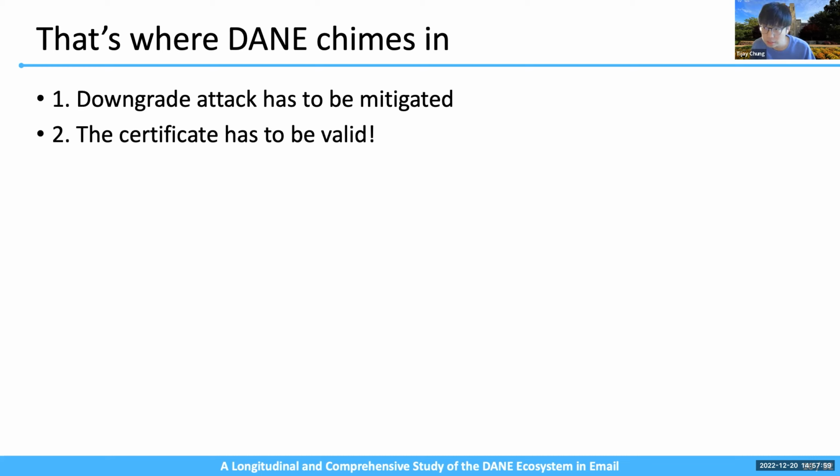Because there is an external proof of the signal that the server supports TLS, if the client doesn't receive a STARTTLS message from the server, then the client can reject the communication. Okay, because the client already knows the server should support STARTTLS.